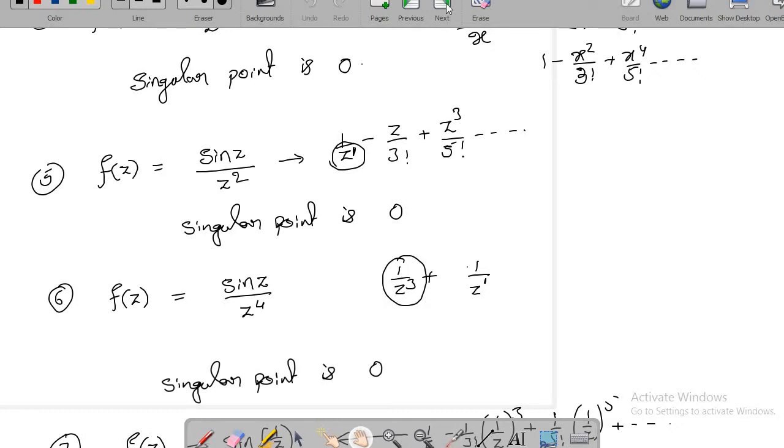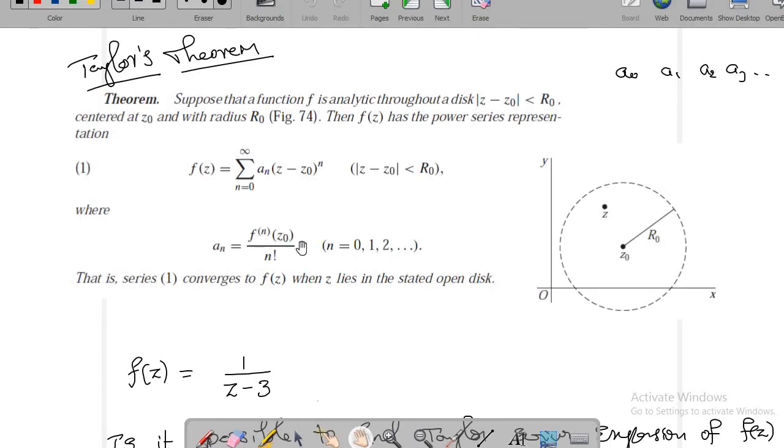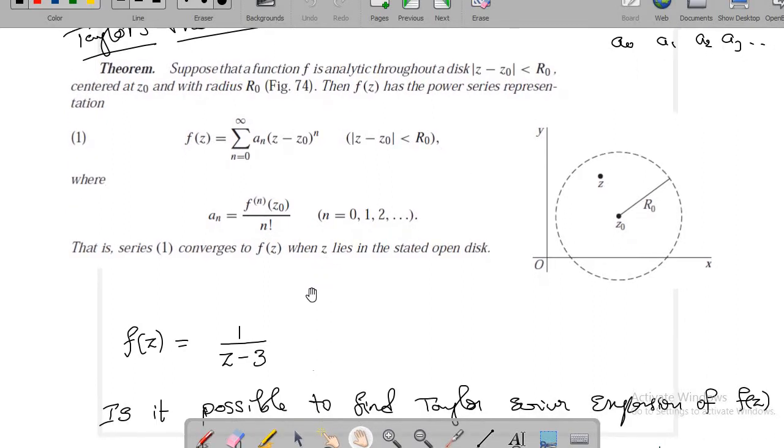Today we are going to see what is a Laurent series expansion of a given function. And then we discussed Taylor's theorem, which enables us to write a Taylor series expansion of a function in a domain where f is analytic.